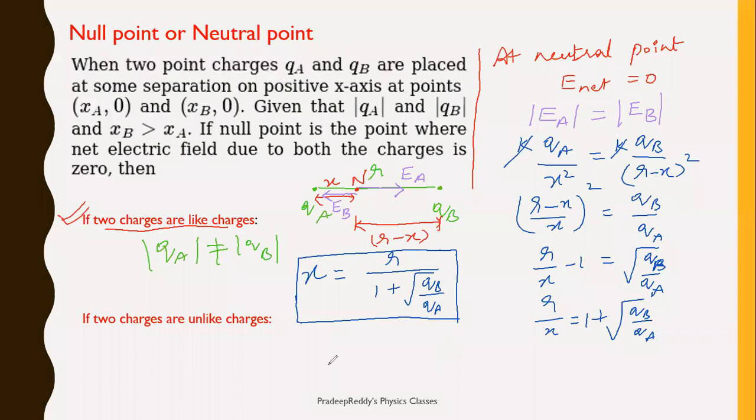Similarly, if two charges are unlike charges, then in which direction can you see the null point? Now I'll be showing it here. Say for example, I can erase this total. I'll be erasing that so that the second one becomes easy.